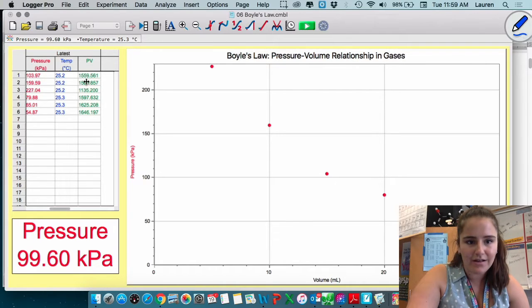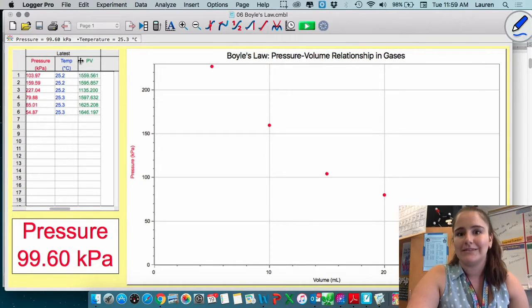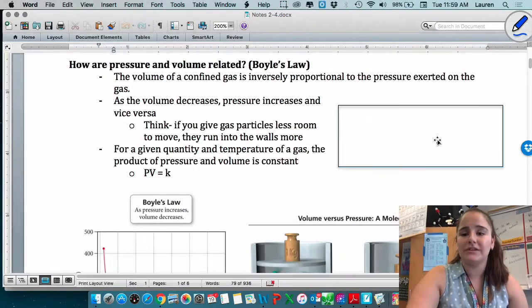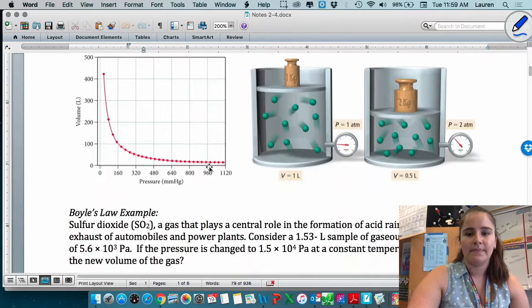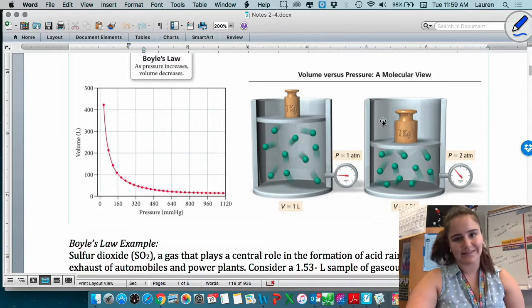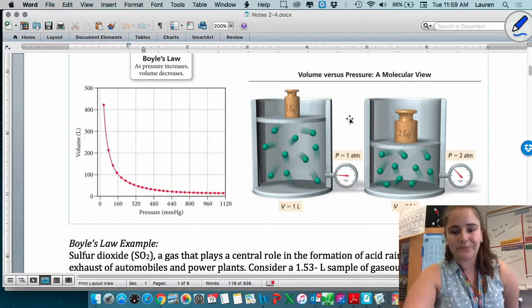You could round them to about 1600. So that is proving to us that PV is a constant. Our graph looked pretty similar to this. High pressure is at low volumes, and low pressure is at high volumes, which makes sense because they're going to run into the walls more.